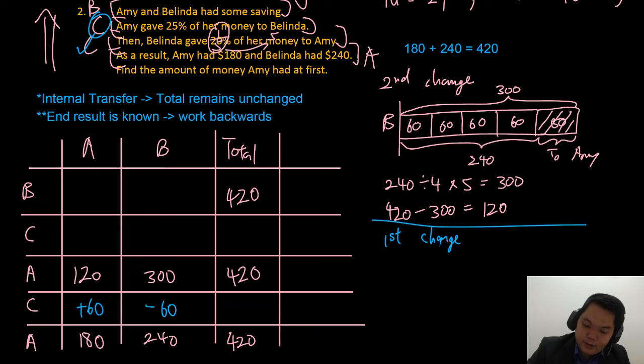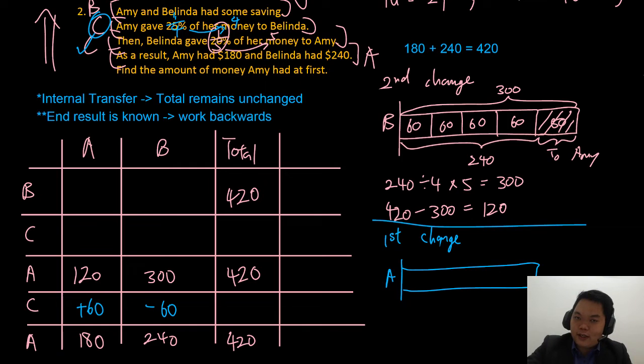Okay, at the first change, Amy gave 25% of her money to Belinda, which means to say that we can simplify this down to 1 out of 4, and Amy is going to have 4 blocks of money. She would have 1 entire block, and then you can cut it into 4 equal portions.